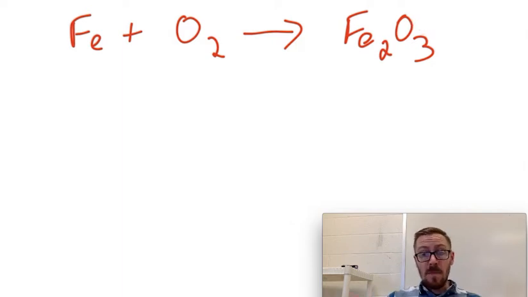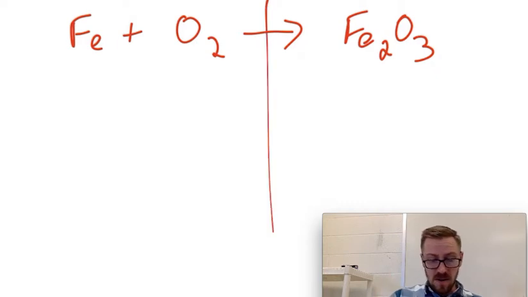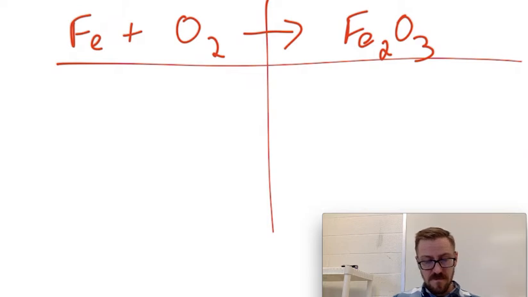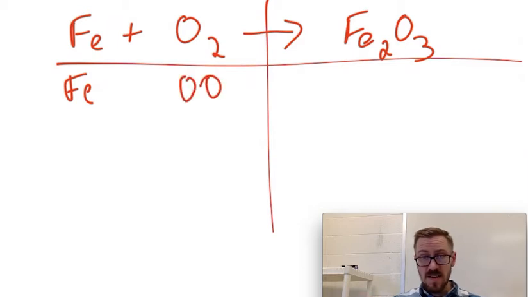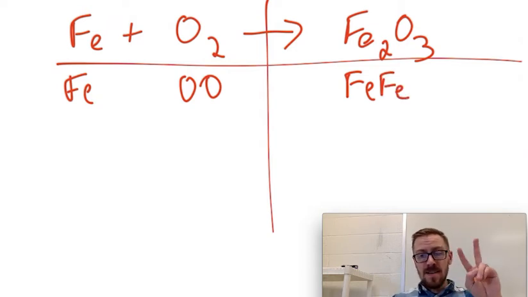So again, start by drawing 1, 1, 1, seeing if it balances on its own. Spoiler alert, this one does not. So 1 Fe, 1 O2 would be O, O, 2 O's, and then 1 Fe2O3 would be Fe, Fe, O, O, O. Remember, Fe, iron, is a 2-letter element symbol because the e is lowercase.